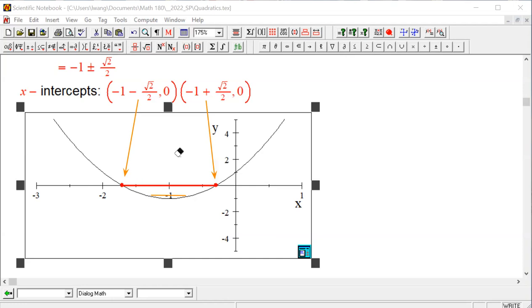So any input that's between this number, -1 minus √2/2, and -1 plus √2/2, any number between these two will give us a negative function value, or negative output, or 0 output.